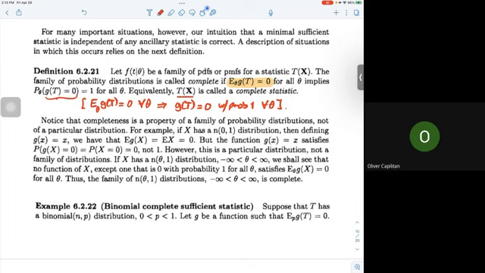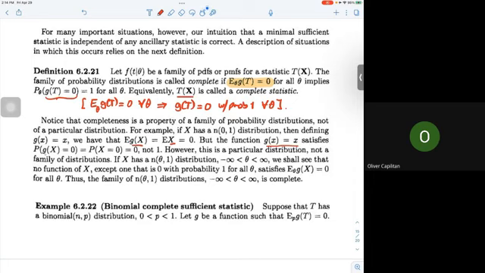So the expectation of g of X, which by identity is X, is equal to 0, the mean of this random variable X. Can we check that the probability that g of X is equal to 0 is equal to 1? We want to check if it is equal to 1.